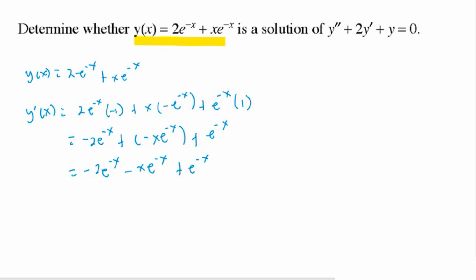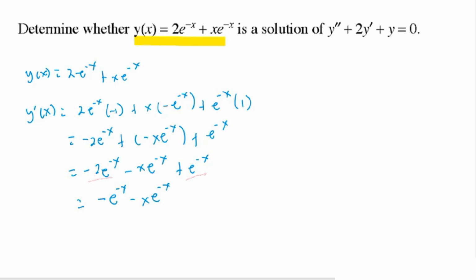So we have similar terms, the first term and the last term: negative 2e raised to the power of negative x plus e raised to negative x. So now we have the answer of negative e raised to negative x minus x e raised to the power of negative x.